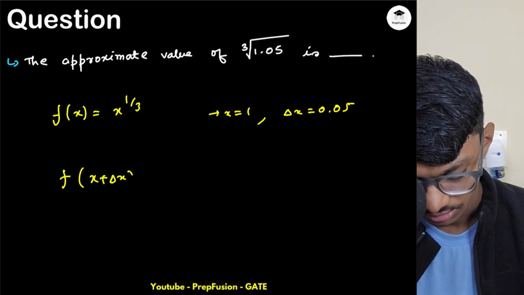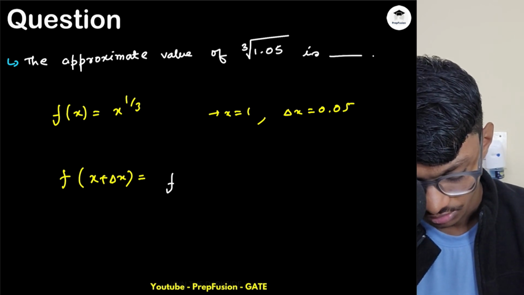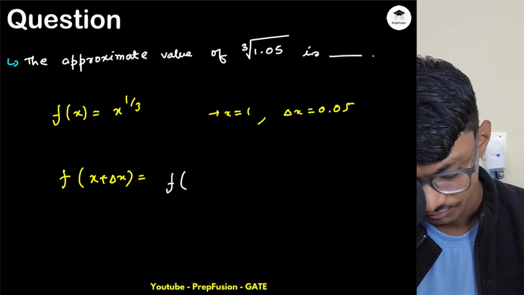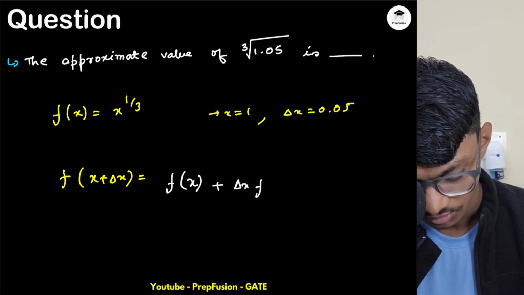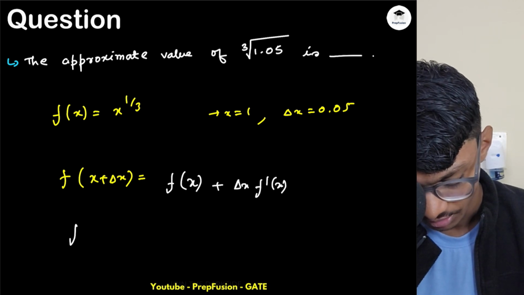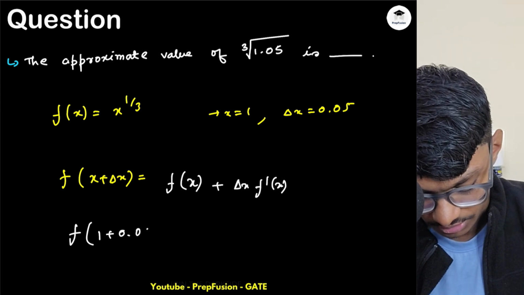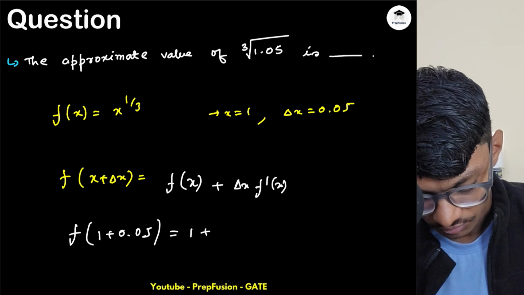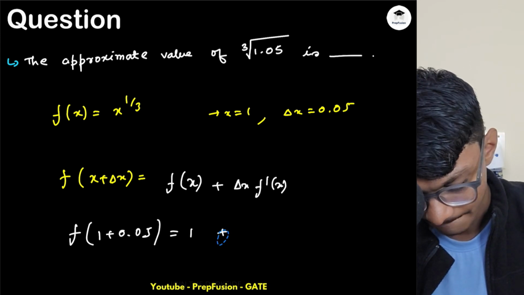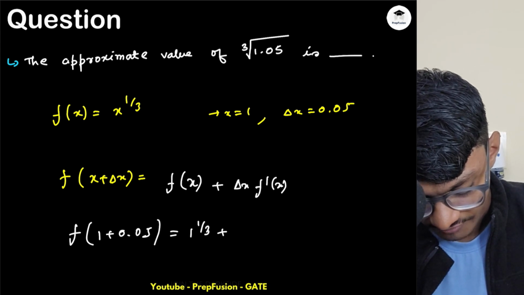So what will be my x plus delta x? The same formula, f of x plus delta x into f dash of x. I'm interested in x equals a, so it will be 1 plus 0.05 equals f of 1, which is 1 itself, plus delta x. And what is f dash of x?